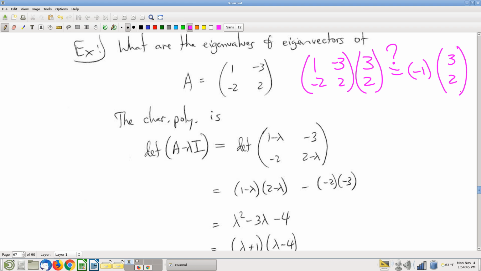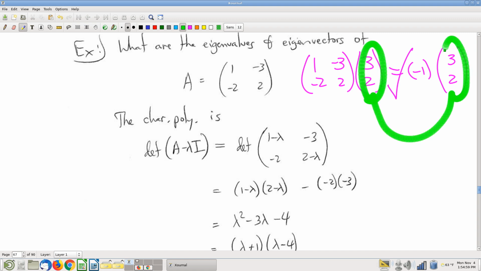And it's just a matter of doing the arithmetic. But yep, sure enough, it works out. So, again, what that means is that this vector here is an eigenvector, and this value here is the corresponding eigenvalue. Okay.